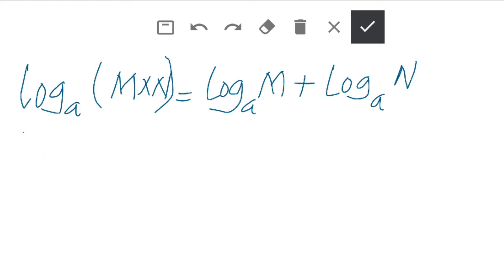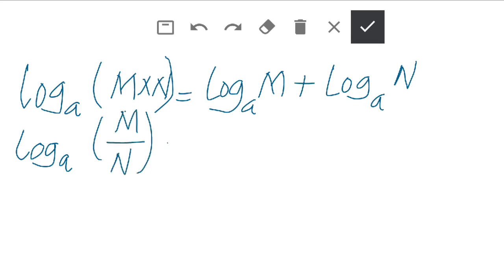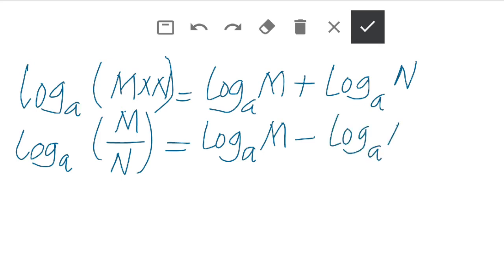Conversely, when we are dividing, log to base a of m over n, where we are dividing on the log side, when you open the brackets, we shall subtract. So we shall have log to base a of m subtract log to base a of n, and the vice versa.